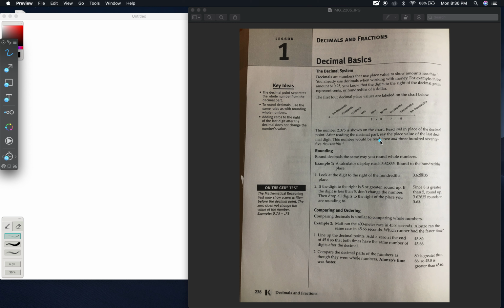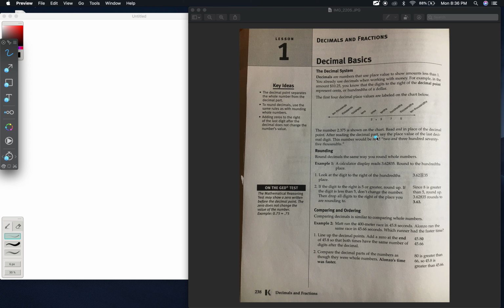This number would be read 2 and 375 thousandths.